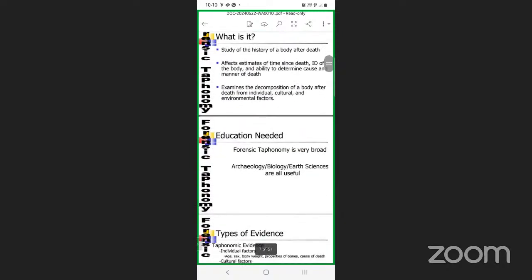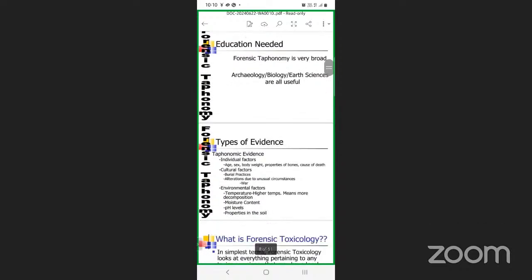Forensic taphonomy is very broad, and it includes archaeology, biology, and earth sciences. The type of evidence we have to collect in taphonomy is taphonomic evidence.